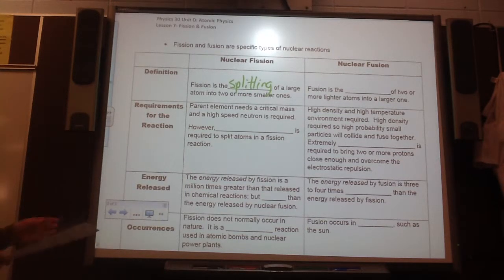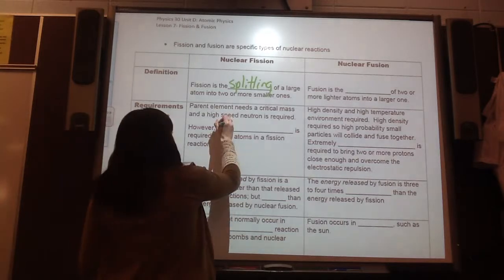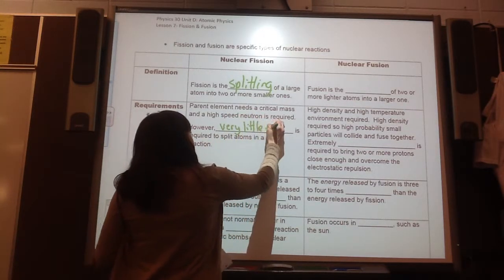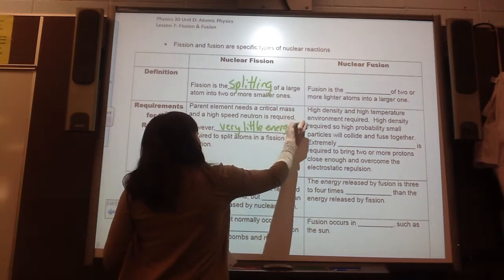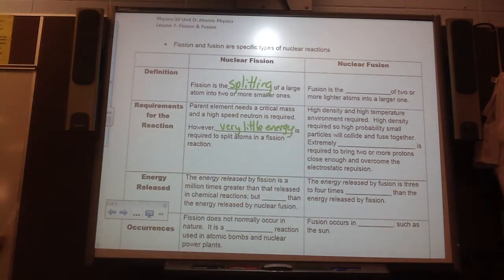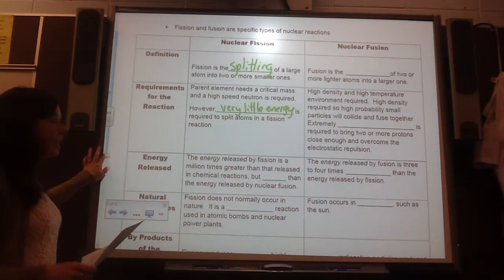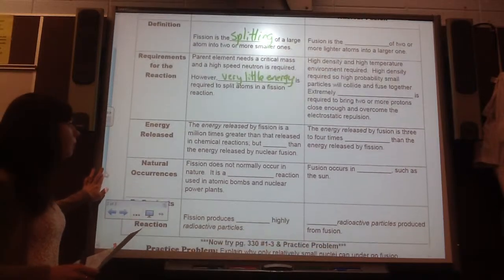Requirements for the reaction: the parent element needs a critical mass and a high-speed neutron. However, very little energy is required to split atoms in a fission reaction. So it's not a lot of incoming energy that is needed, except for that neutron moving at a high speed.